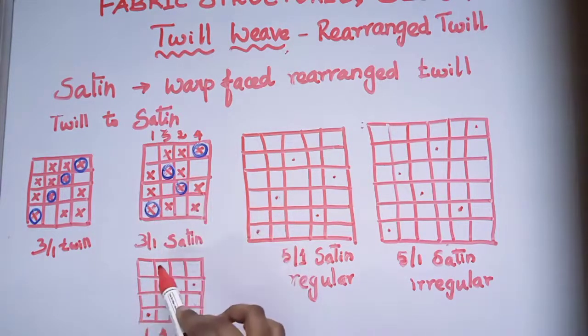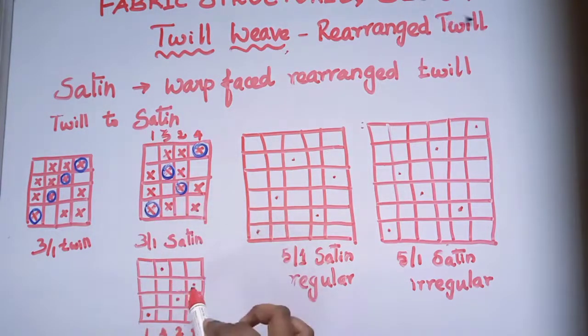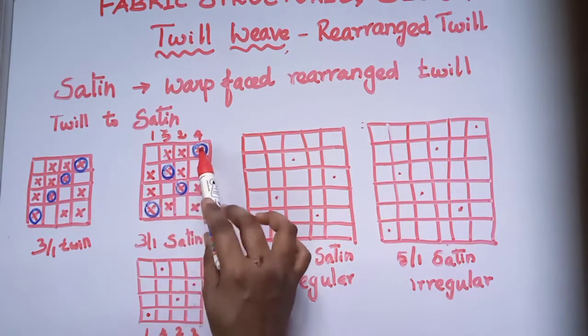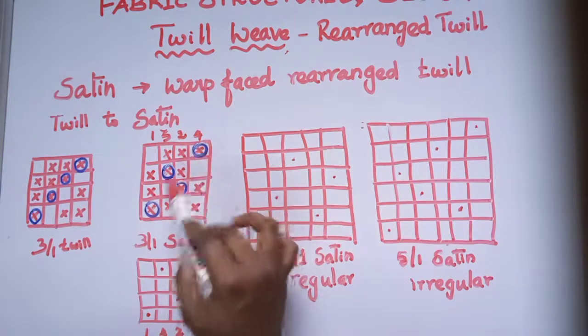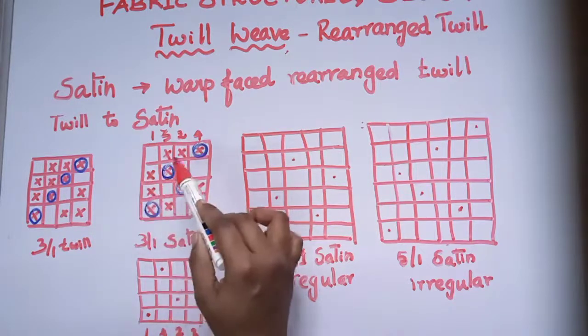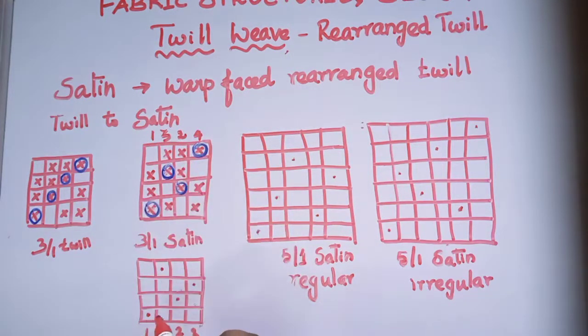If we rearrange it in an irregular pattern, that satin is known as irregular satin. In regular satin the starting point is rearranged in a particular pattern, that means one skip or two skip. In irregular satin there is no pattern for rearranging.